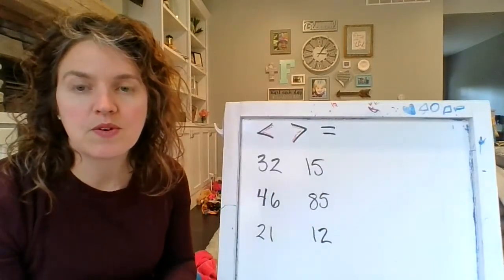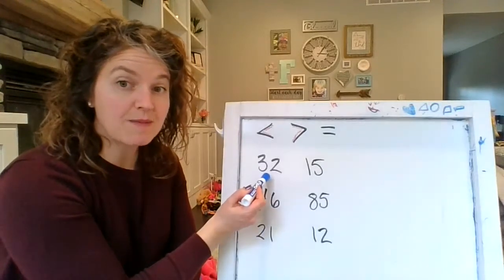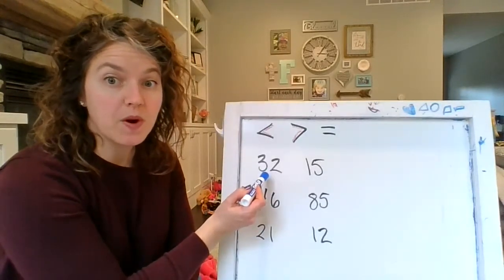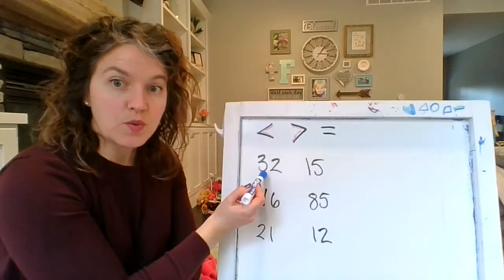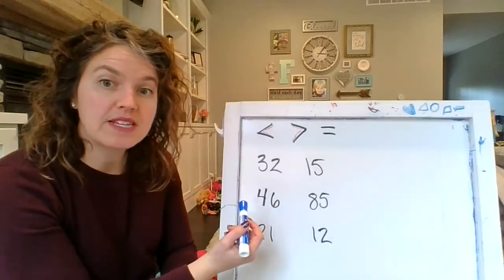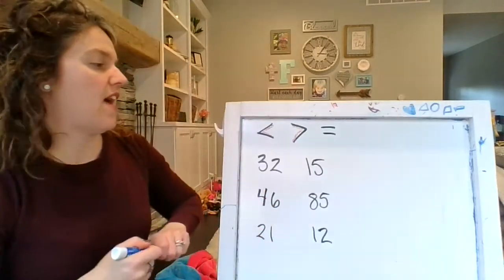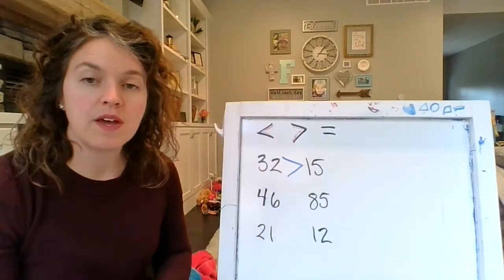Now, for some of you, you might say, okay, well, I know that 32 is it greater than? That means larger, bigger, more. Or is it less than, smaller, littler, fewer than 15? Well, 32 is greater than. So that alligator mouth is going to open toward the 32.